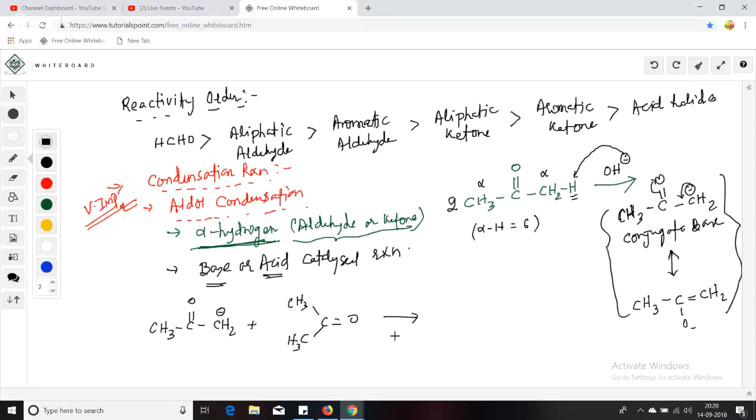Then this negative charge attacks this carbon atom. Obviously this carbon and this carbon join here.